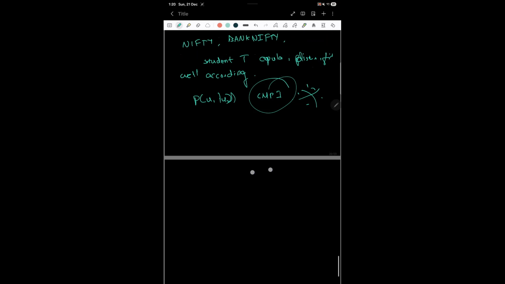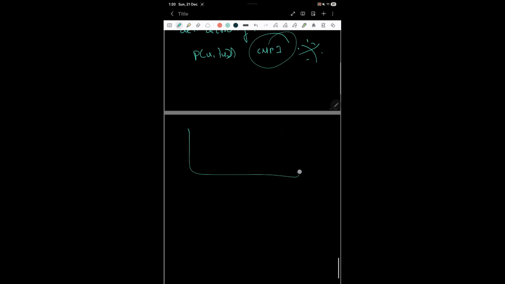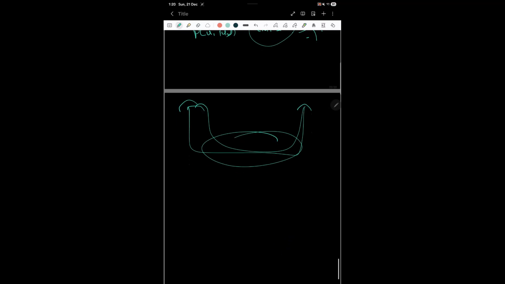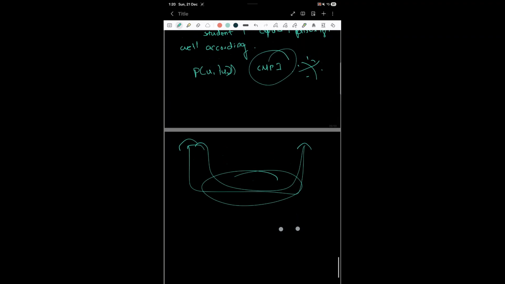As I already told you, when you find the grounded level of this copula instead of the tail dependencies, because tail dependencies will make you trending, and we also cannot estimate the accelerations of both stocks, okay.